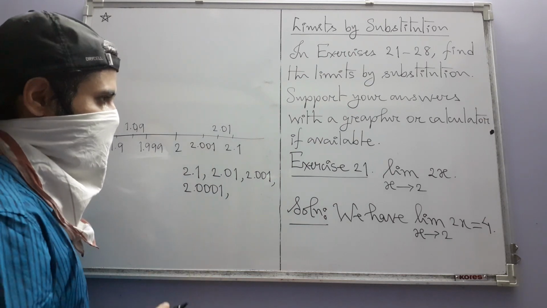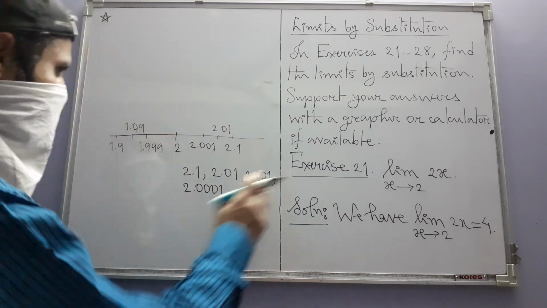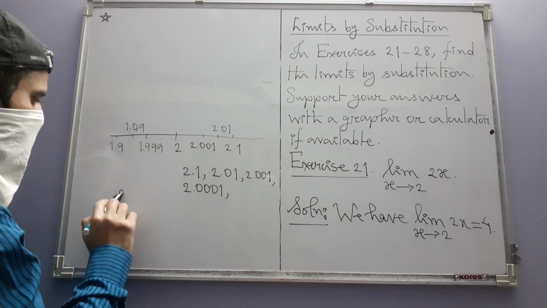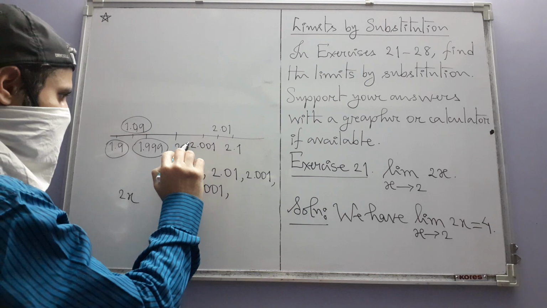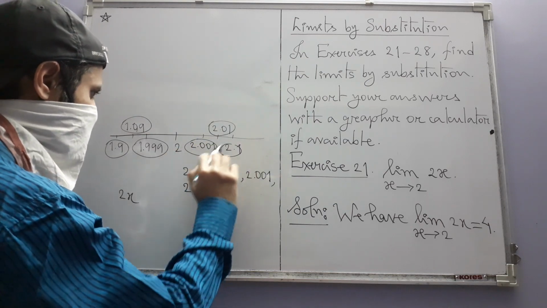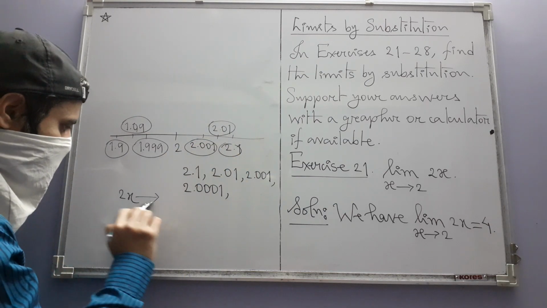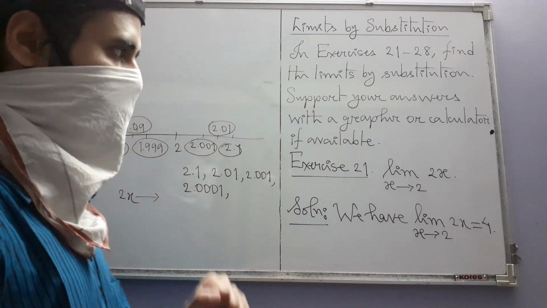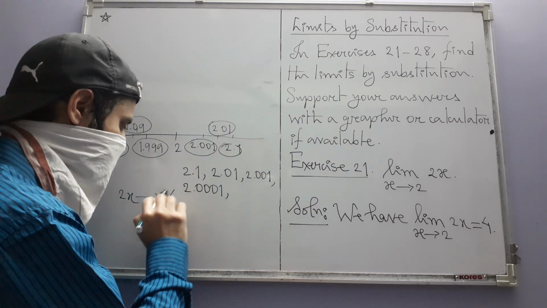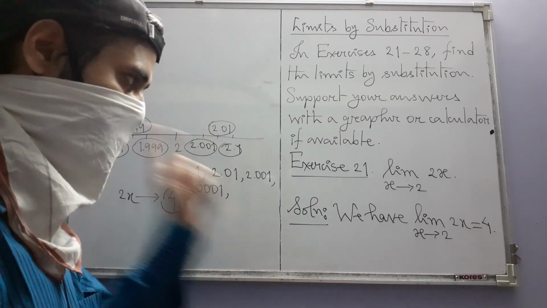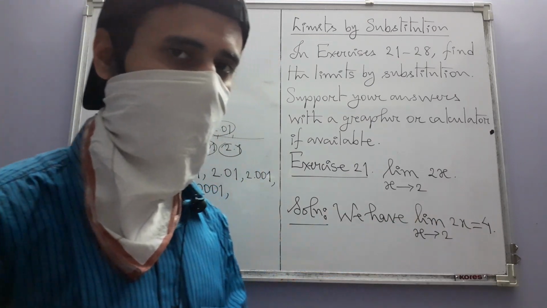So the limiting process involves finding the corresponding 2x values for these values of x and then seeing where the 2x values are heading. You will see that those values are heading towards 4, and that is why the limit is 4.